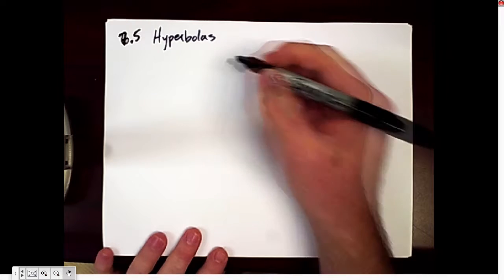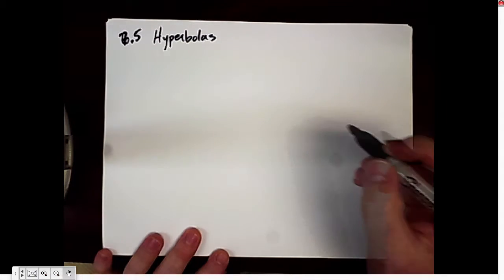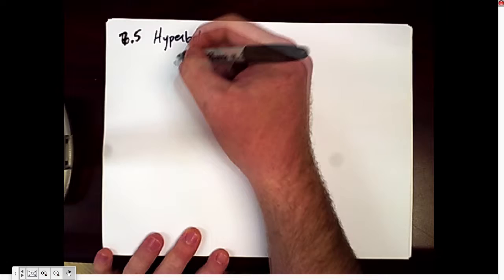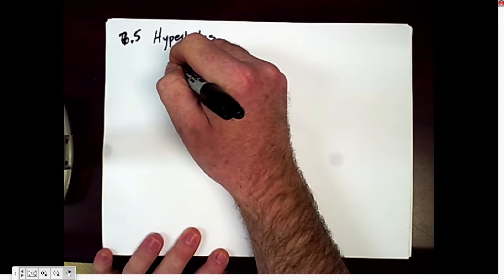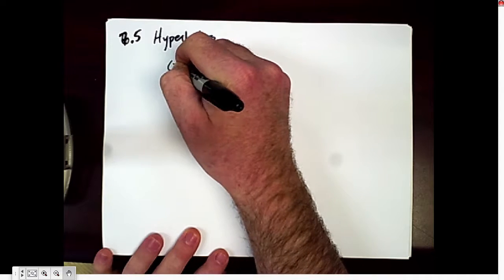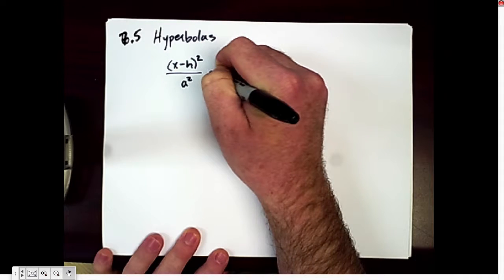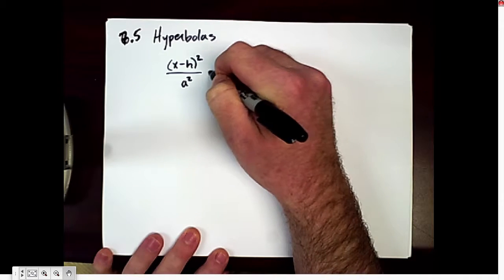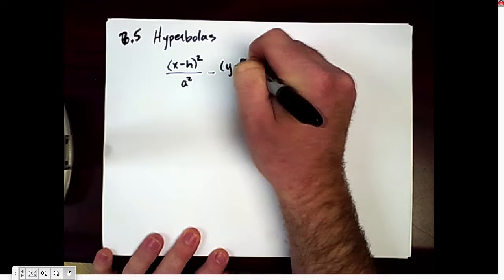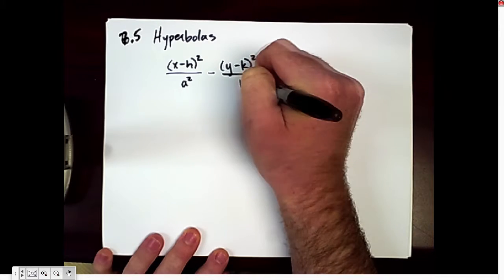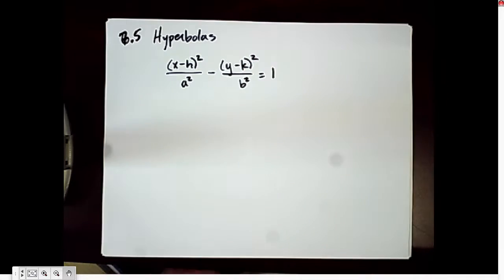Hyperbola in standard form looks very similar to an ellipse. There are just 2 ways it can be written. So you can have this. What's the only difference in this versus an ellipse?